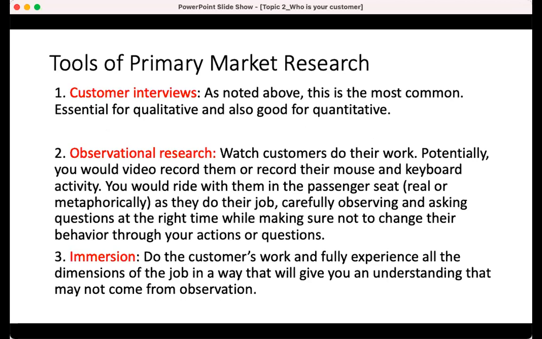So the tools for primary market research are divided into, I think, 5. I just want to introduce you to 5 tools that you can use for your primary market research. First thing is to do customer interviews. You go and interview customers. I think this is the cheapest way to conduct primary market research, by asking people how they feel.